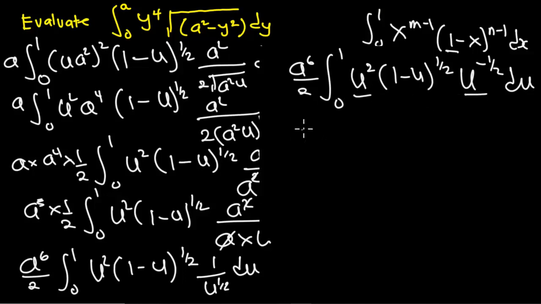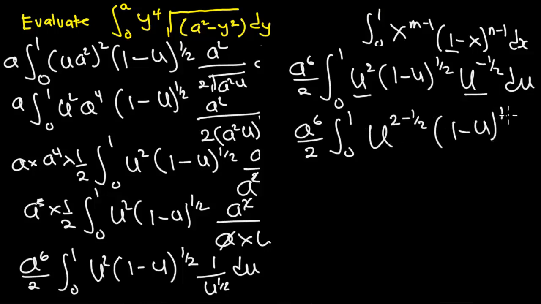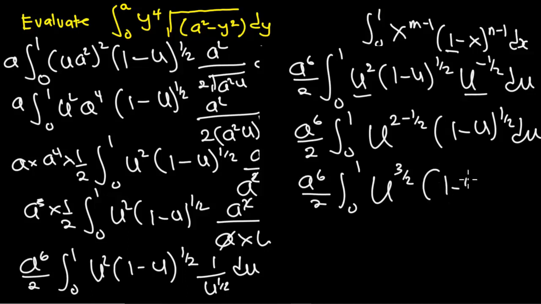So doing that, we are going to have a to the power 6 over 2 multiply the integral from 0 to 1 of u exponent 2 minus 1 over 2 times 1 minus u exponent half du. And now we are going to have a exponent 6 all over 2 multiplying the integral from 0 to 1 of u exponent 2 minus half gives 3 on 2 multiplying 1 minus u exponent half du.